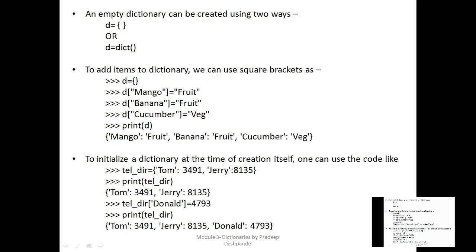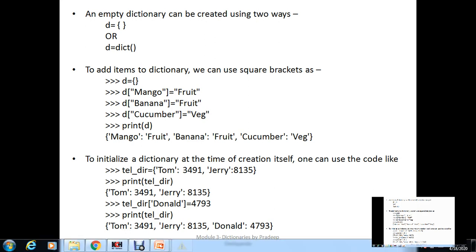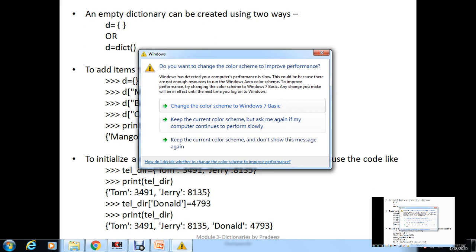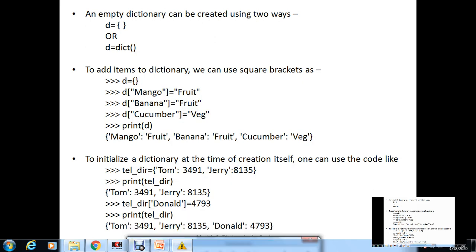To add items to a dictionary, we can use square brackets. Here is an example: an empty dictionary is created here. If you want to add elements, we can write d of mango equals fruit. If the key is a string, we have to mention it in double quotes. d of banana equals fruit. d of cucumber equals vegetable.